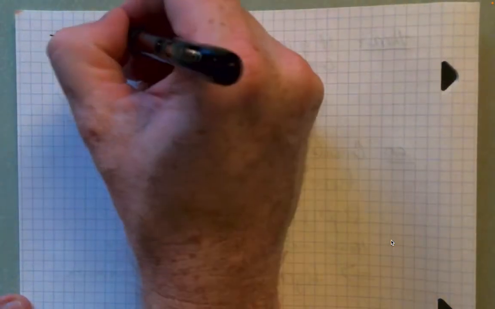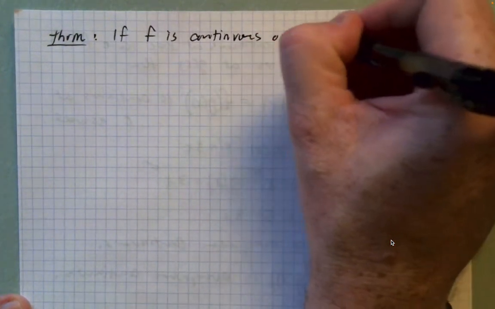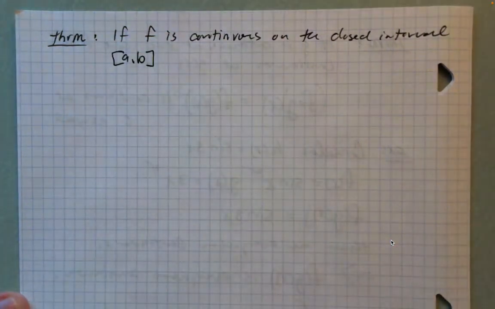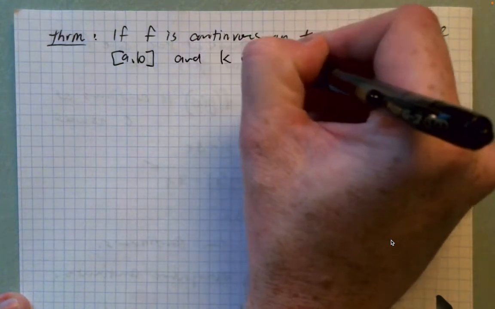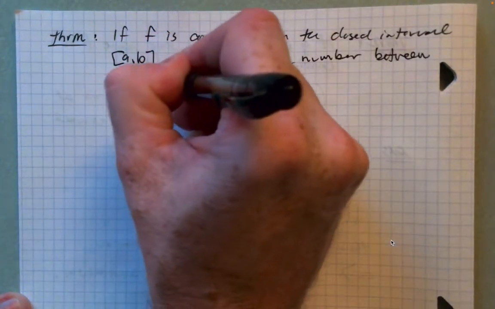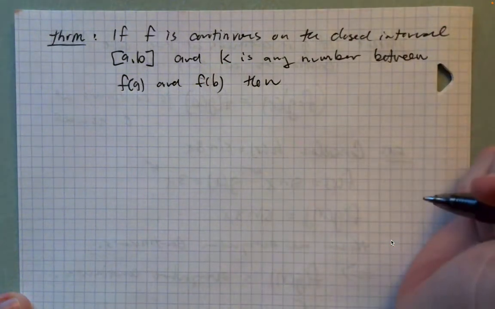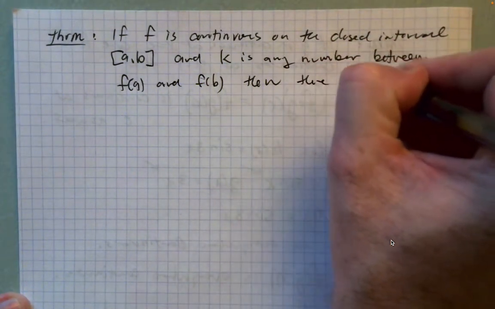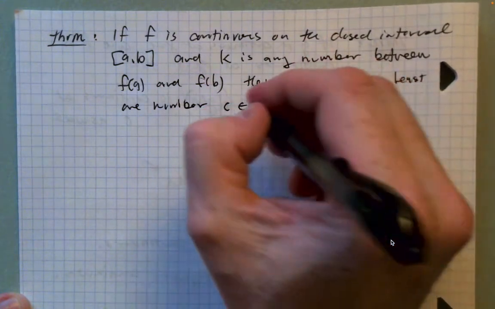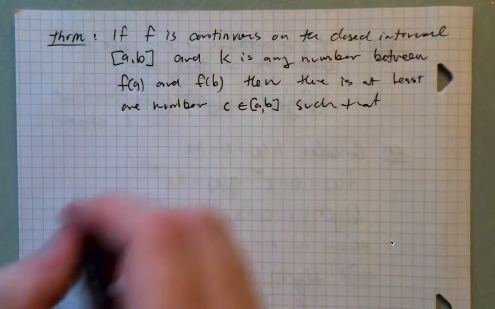So if f is continuous on the closed interval [a, b], and k is any number between f of a and f of b, then there's at least one number c in the closed interval [a, b] such that f of c is equal to k.